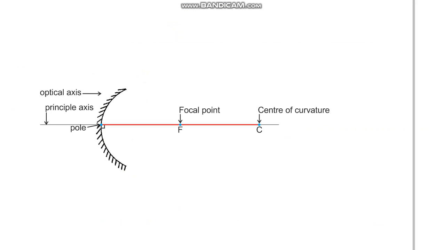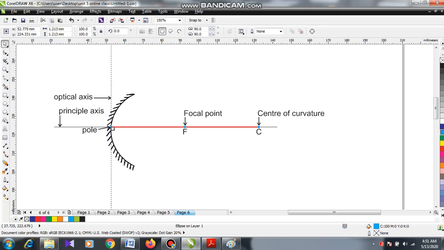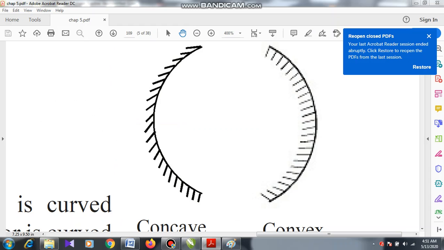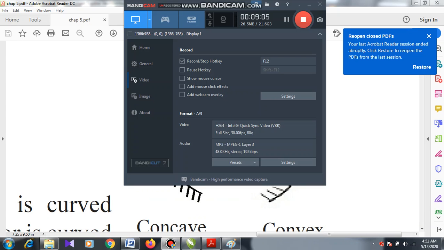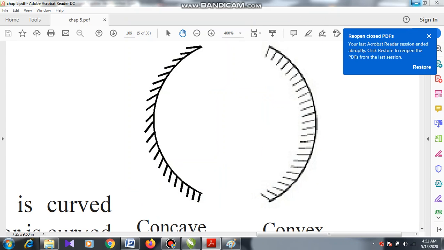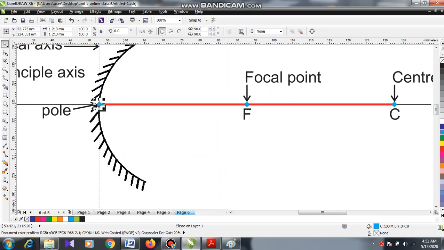This is what you have to draw for me: principal axis, optical axis, pole, focal point, center of curvature. And with one more thing, I am finishing this video.